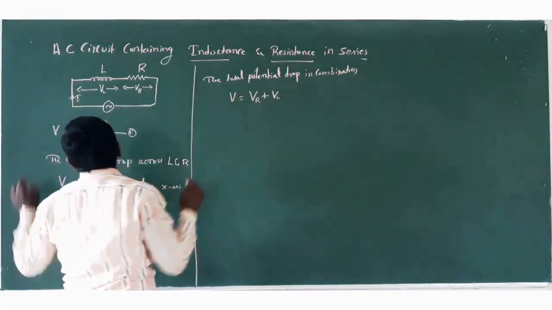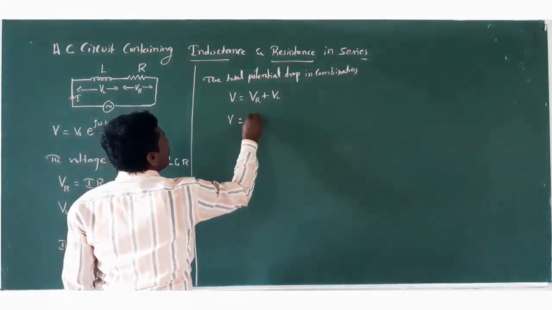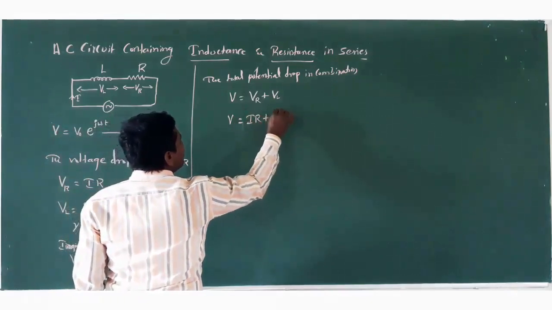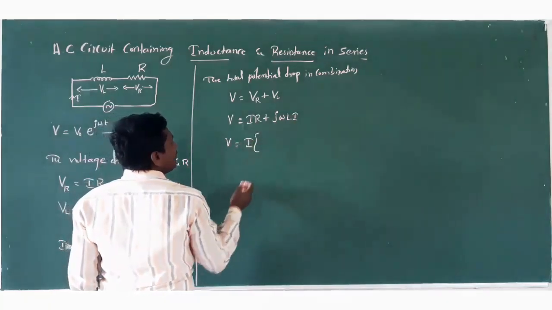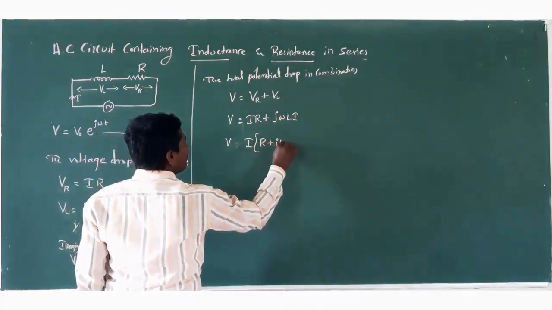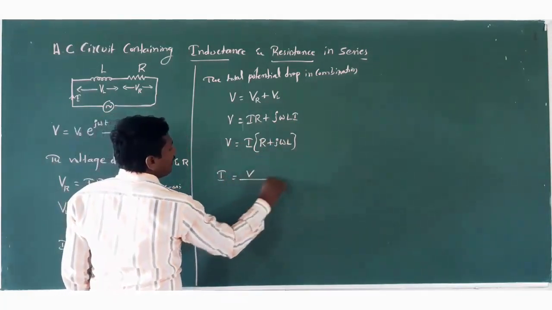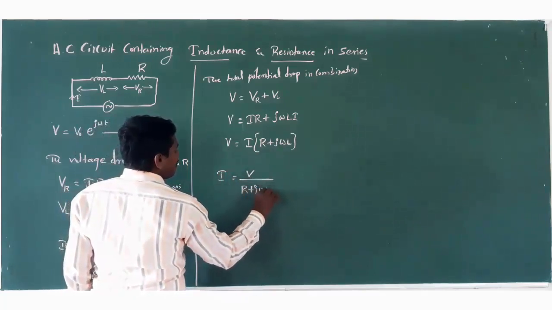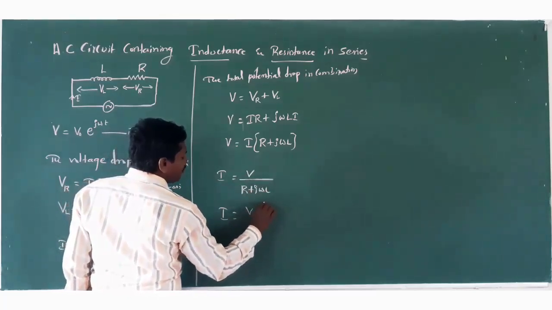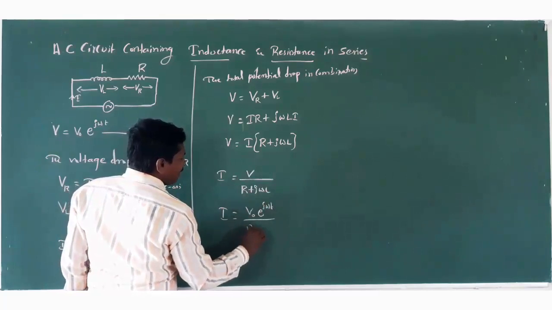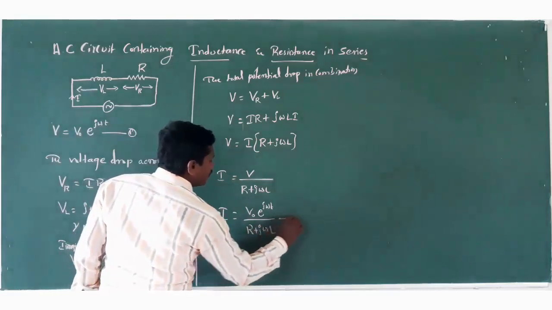We know that V is the voltage across the AC source, therefore V is equal to I into R plus j omega L into I. So I is a common term and the remaining term is R plus j into omega L. Now this can be written as I is equal to V divided by R plus j omega L. Now I is equal to V, which is nothing but V naught e raised to j omega t, divided by R plus j omega L. Let us consider this as equation number 2.